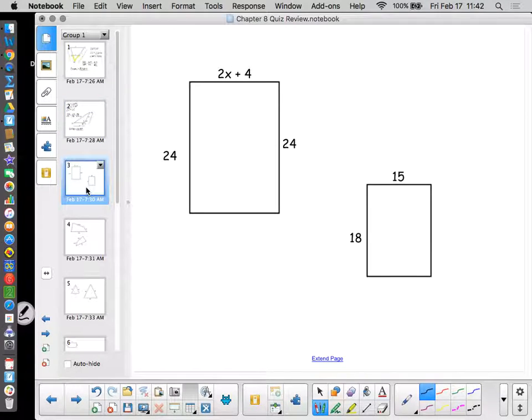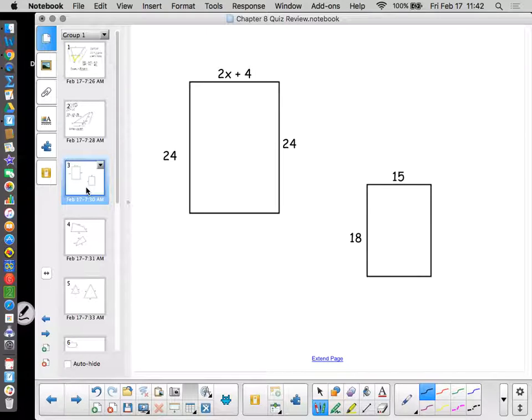All right. Solve for X. The polygons are similar. This is going to be really, really very basic if you can set up a proportion. Because remember the way we solve for X is to set up proportions. I still have some people who are trying to do 2x plus 4 equals 15 or 2x plus 4 equals 18 or... proportion.